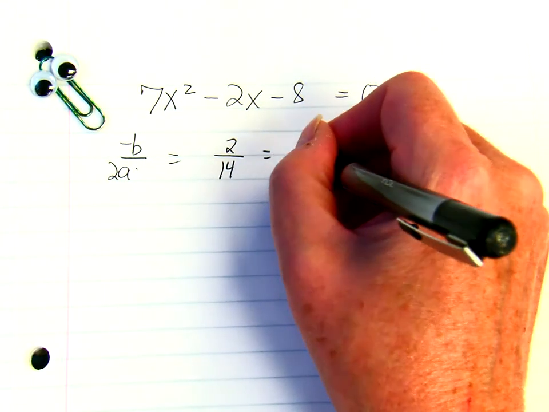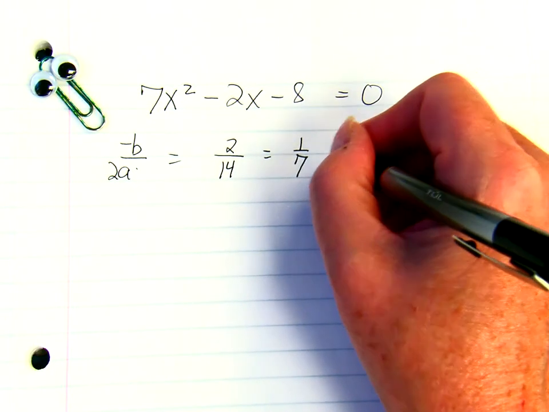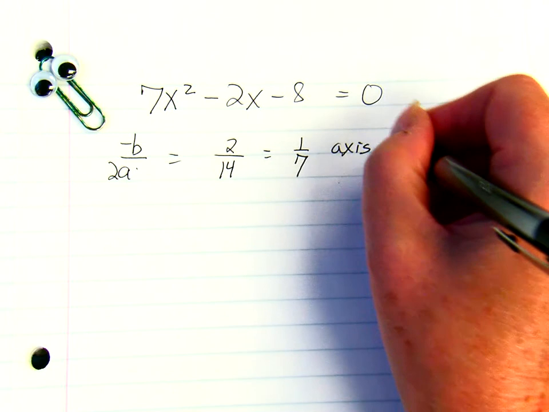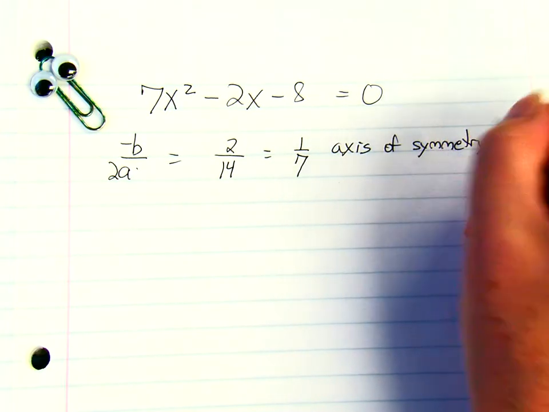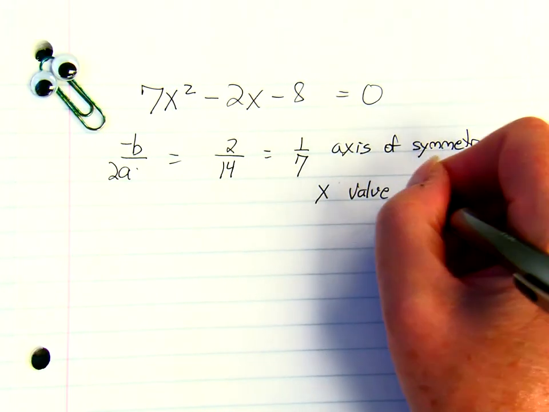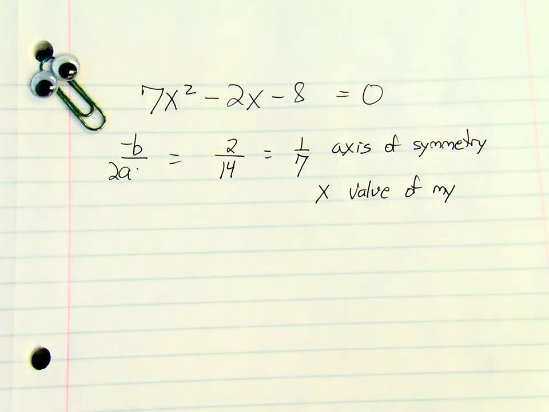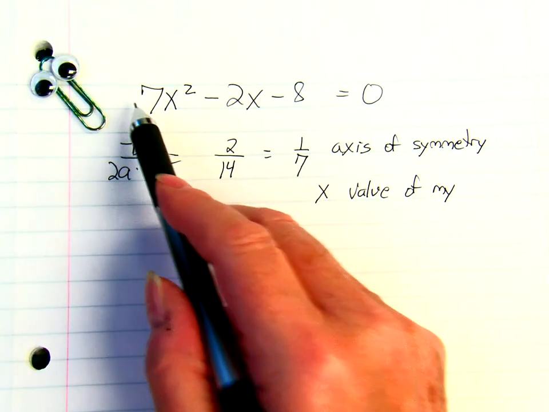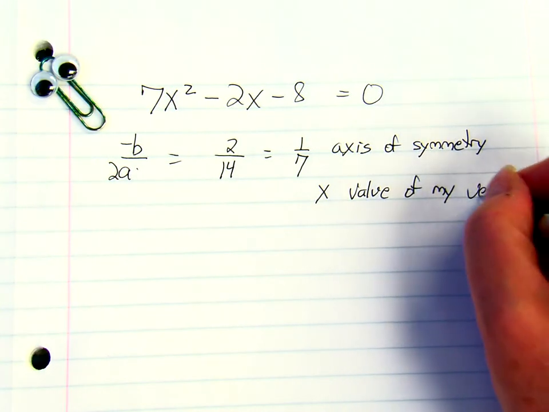So I have 1 over 7 as my axis of symmetry. I also know it is the x value of my vertex, the minimum.